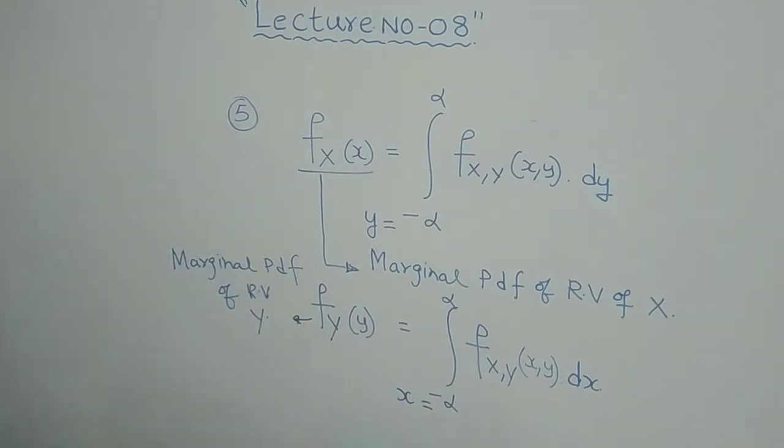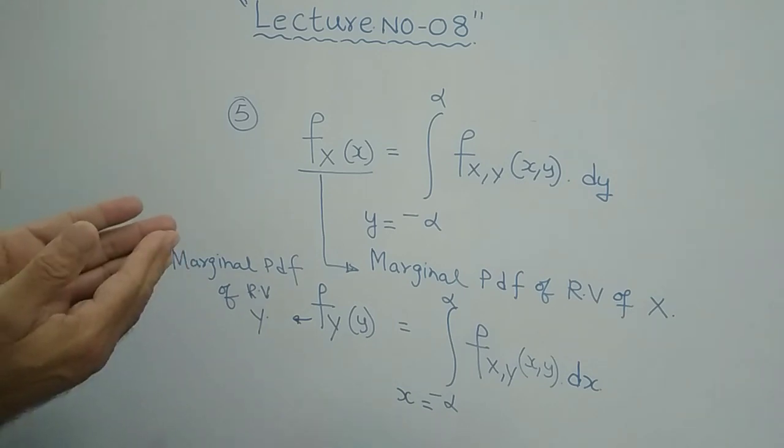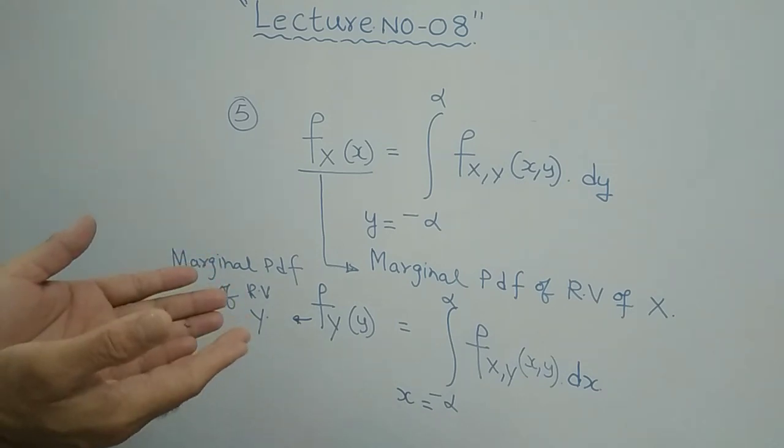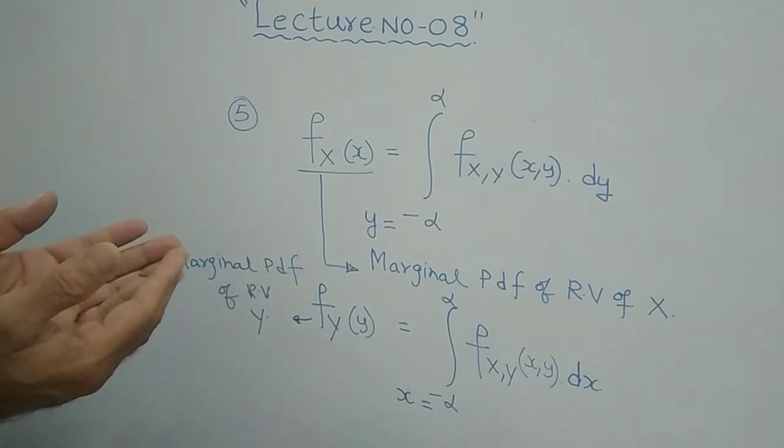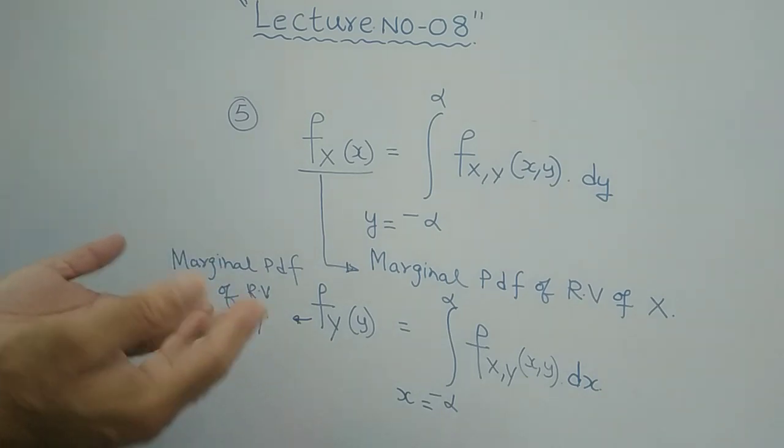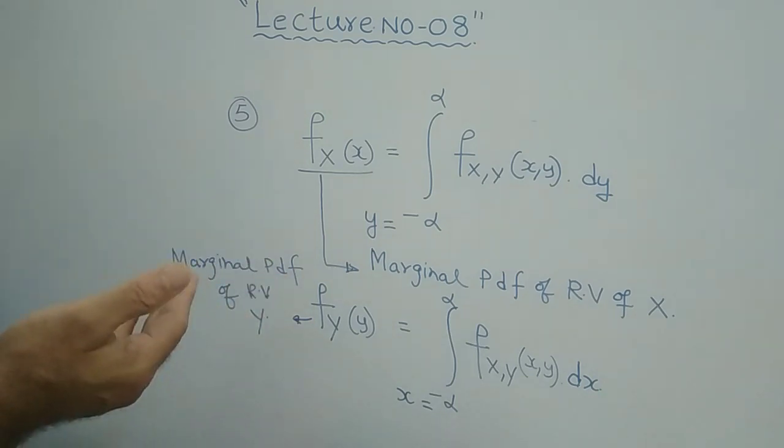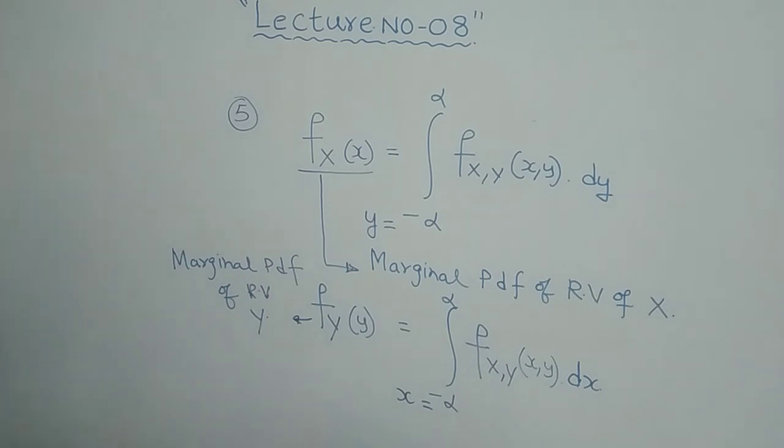These are the few important properties of the joint PDF. I think you have enjoyed this presentation, and we will see some very important examples based on these properties. We have seen the definition of a joint PDF, which is nothing but the probability distribution function as well as the density function, and we have seen certain properties.